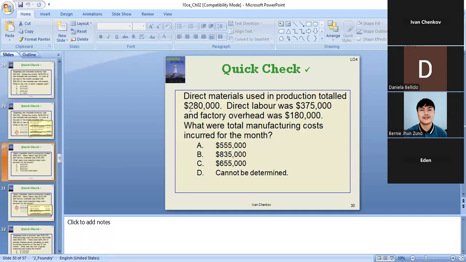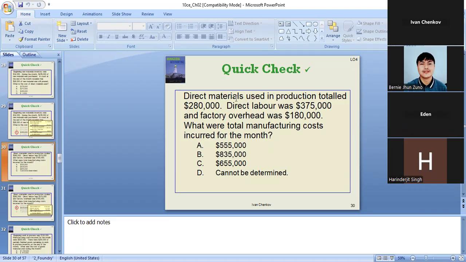Direct material used in production, 280, the one we calculated. Direct labor is 375. Manufacturing overhead was 180. What's our total manufacturing cost? Or what's our product cost? 835.